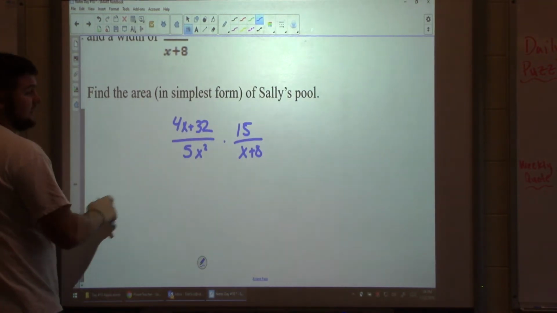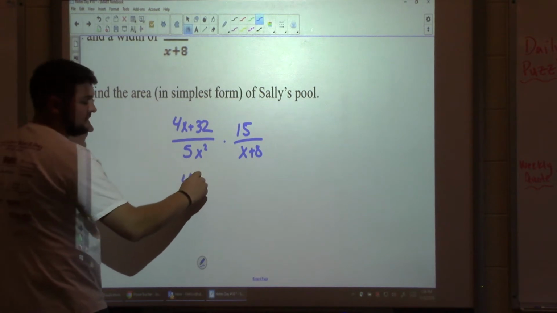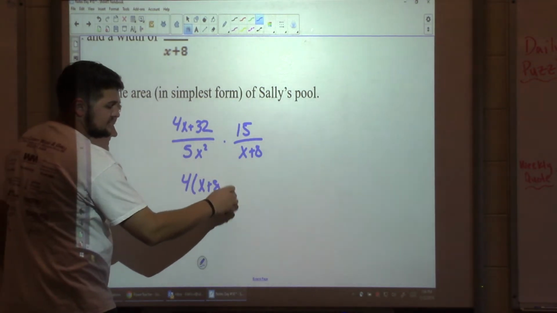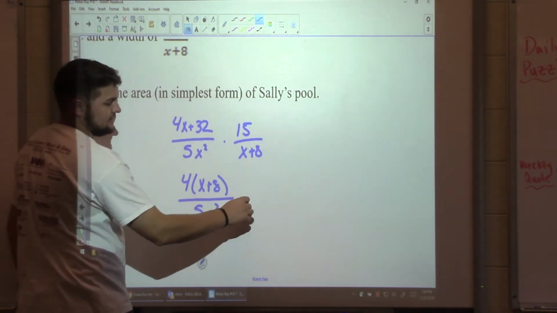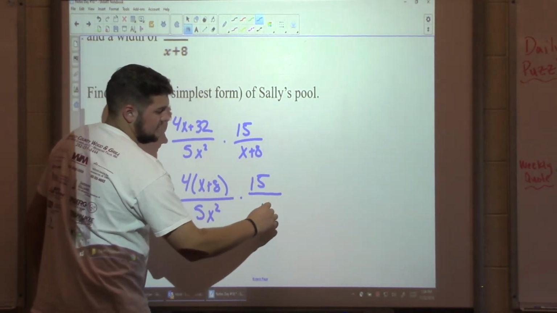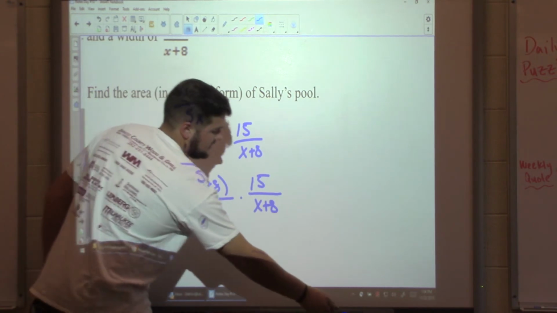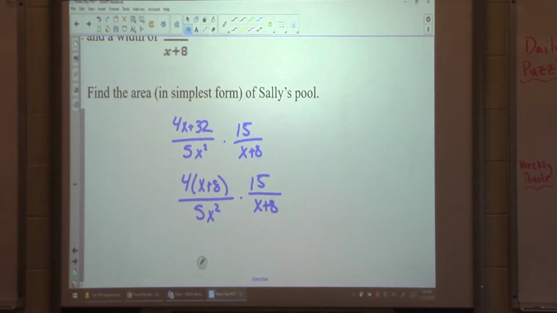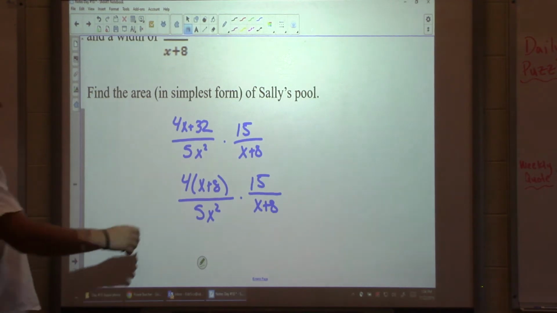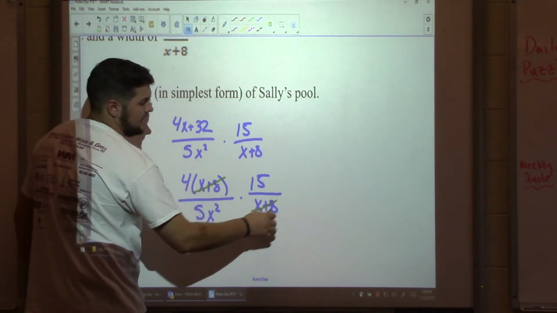So if I look here, I can factor GCF out over here. 4 times x plus 8 over 5x squared times 15 over x plus 8. I can only factor that one piece. That's it. Well, now, Natalie, what am I going to do? Simplify. X plus 8, top and bottom.